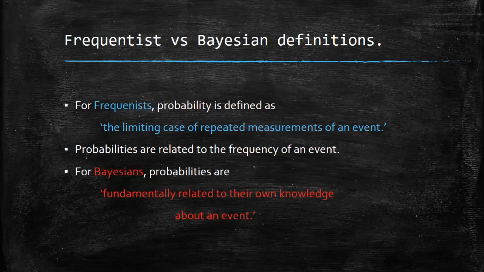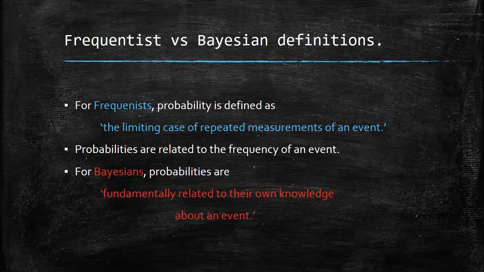But for a Bayesian approach, the probabilities are fundamentally related to one's own knowledge about an event. That is super vague, and when I first came across that, it didn't make any sense to me. So, for Bayesians, probabilities are more intuitive, and they essentially say that based on the prior knowledge that I have, I'm coming to a conclusion that the probability of, let's say, getting a head in a coin toss is roughly 0.5.